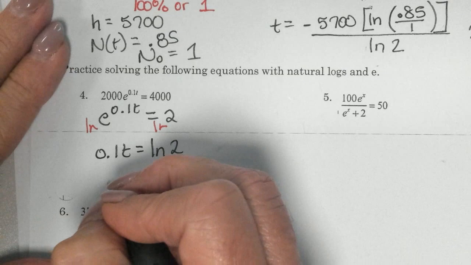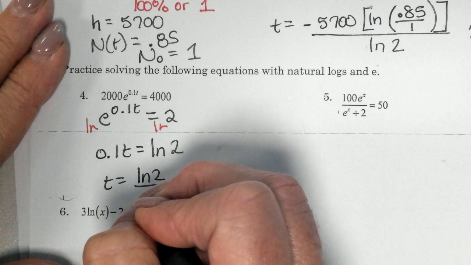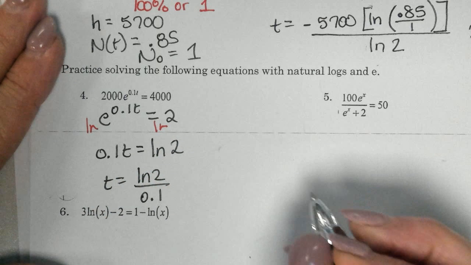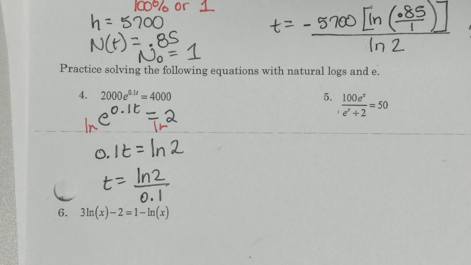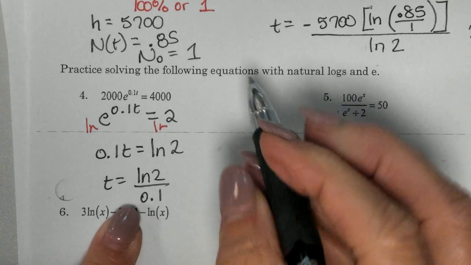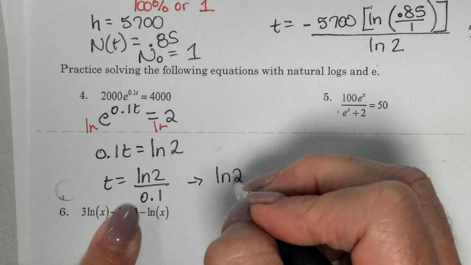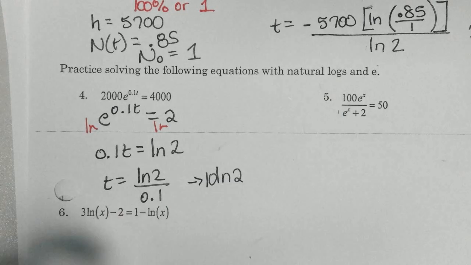And when we divide the natural log of 2 by 0.1, 0.1 is the same thing as 1/10. Correct? Okay. So technically, this is the natural log of 2 times 10.